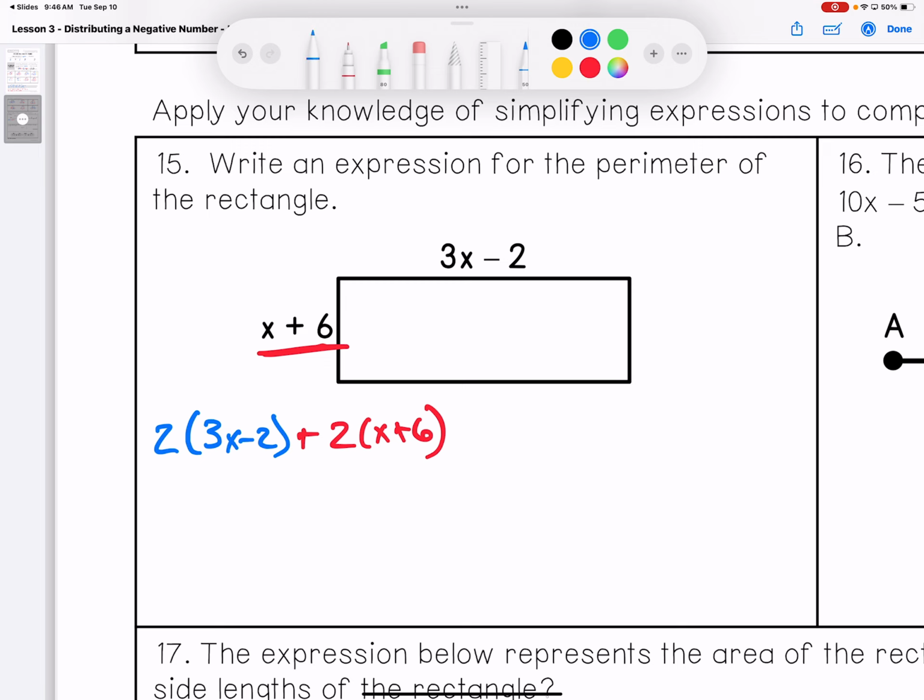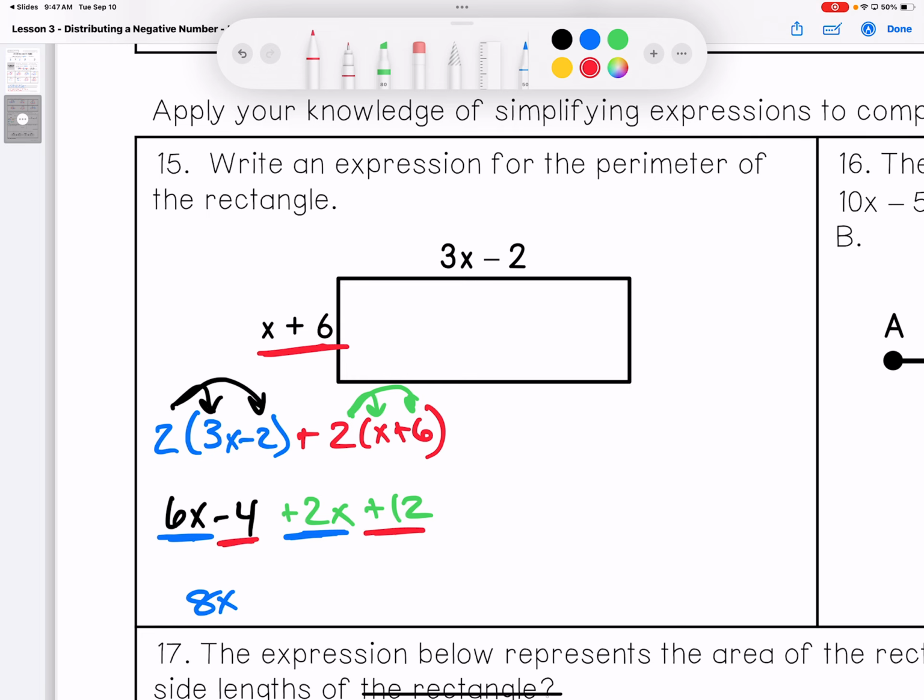So then we're just going to multiply. 2 times 3 is 6x minus 4. Then we come over here and go 2 times x, which is 2x plus 12. Now combine your x's together. That is 8x. Combine your regular numbers together, which is negative 4 and 12, and you get 8x plus 8.